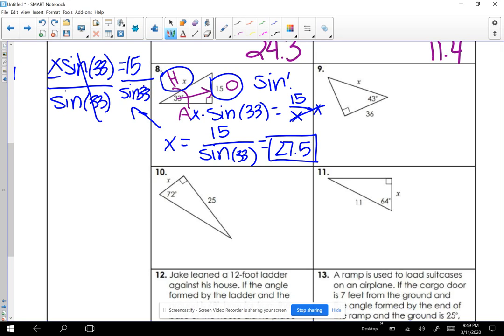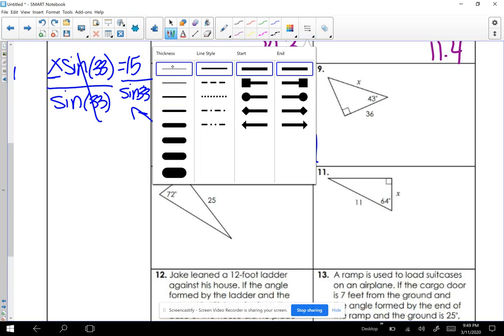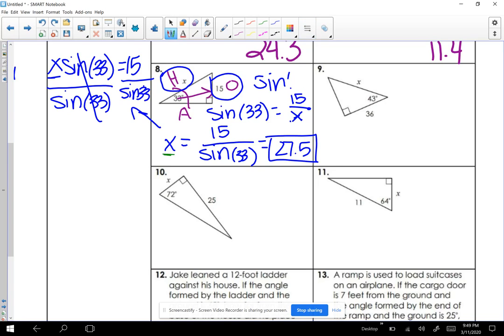If you notice, when I was at this step, let me see if I can erase some of this to make it more clear. When I was at this initial step of just setting it up, right here, I had 15 over x equals the sine of 33. If I look at my last step, right before I plugged it into the calculator, I had x equals 15 over sine of 33.